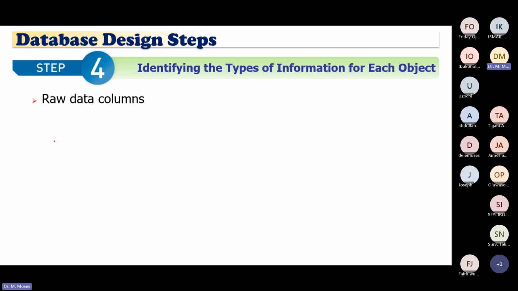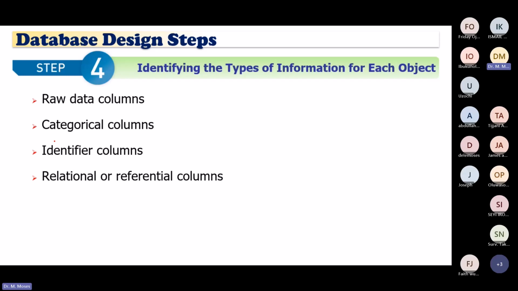For example, we want to store pieces of information such as name, determined by a source of external database. It could be categorical columns where you have a group, male, female, gender, true or false, married, single, or an identifier that provides a unique identity.